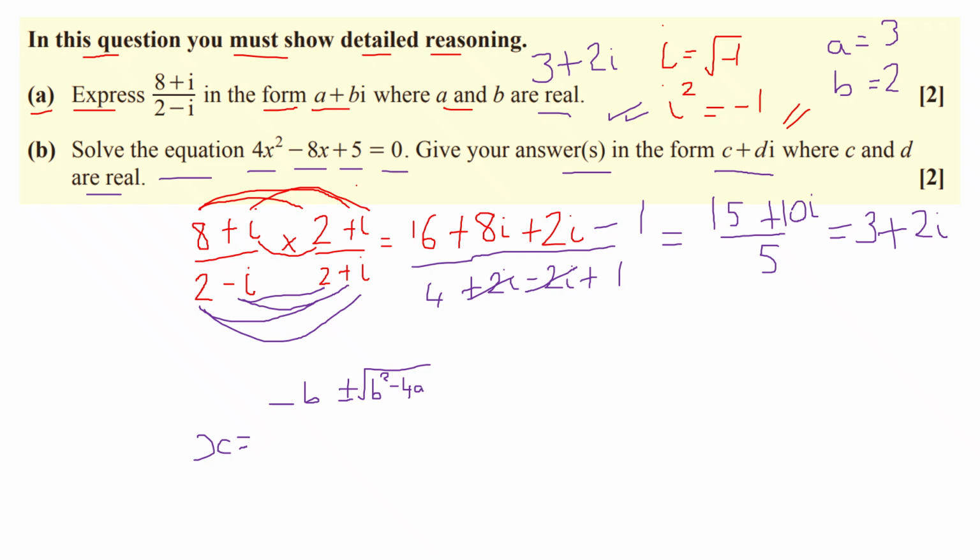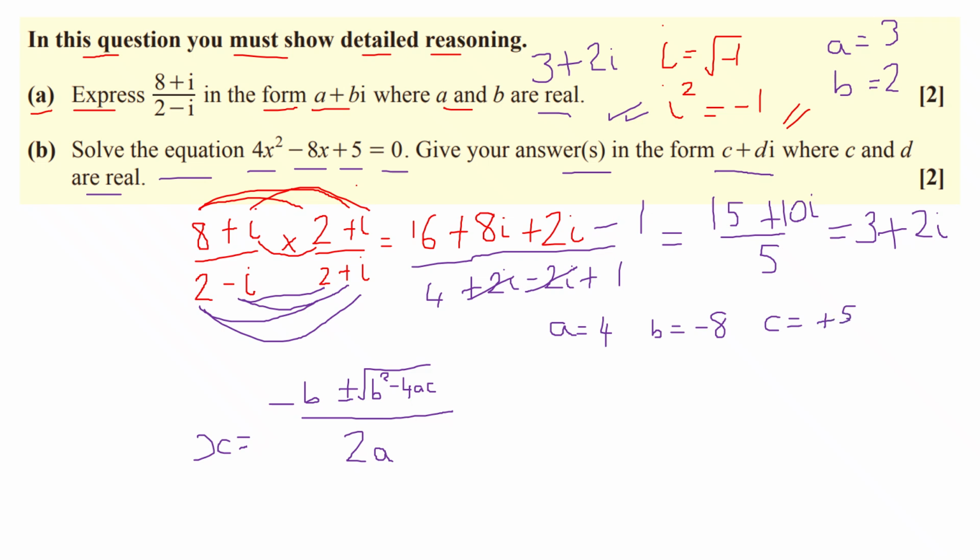That's something we should know from GCSE or A-level maths. So a is the coefficient of x squared, so a is 4. b is the coefficient of x, so negative 8, and c is our constant term, plus 5.